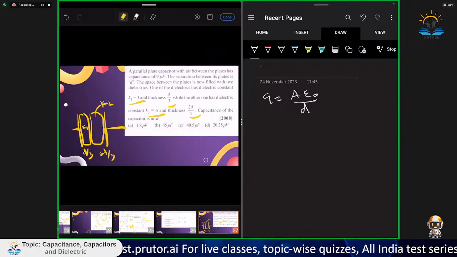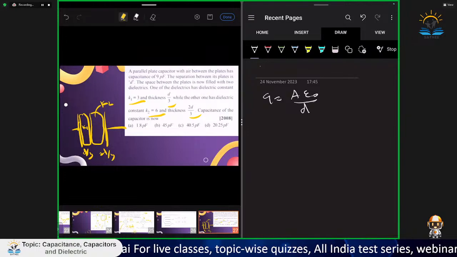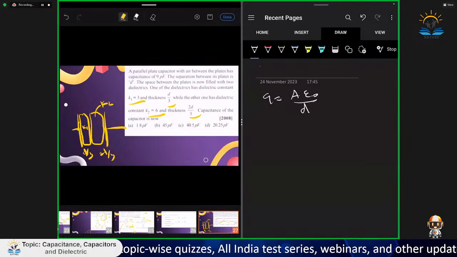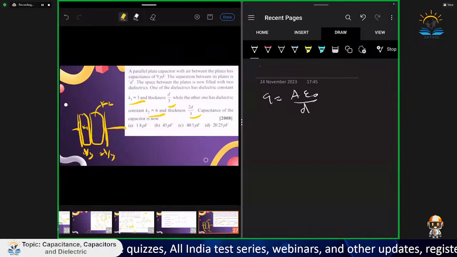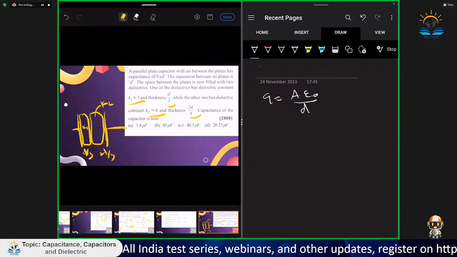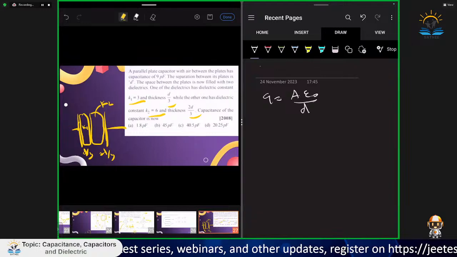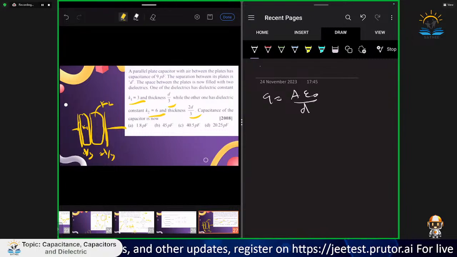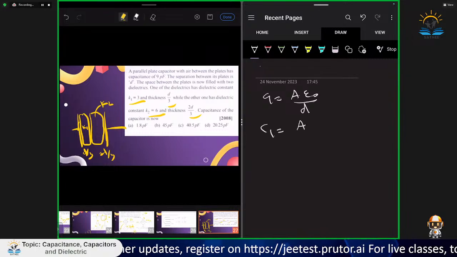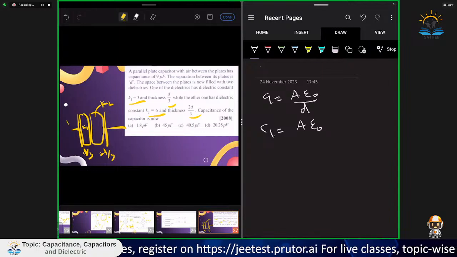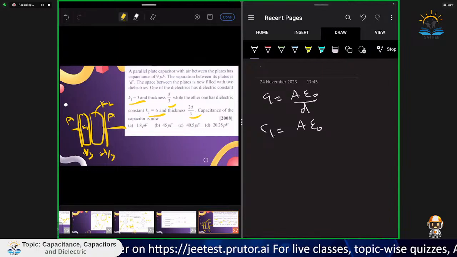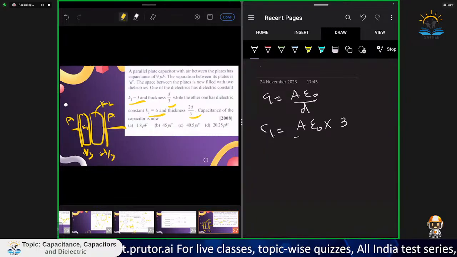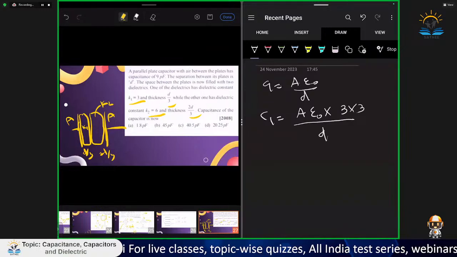So see, it's actually a series connection, right? It is in series connection. So first capacitance C1 will be A epsilon. A is same for both capacitors. A epsilon into K1, K1 is 3, upon D by 3, so D into 3.